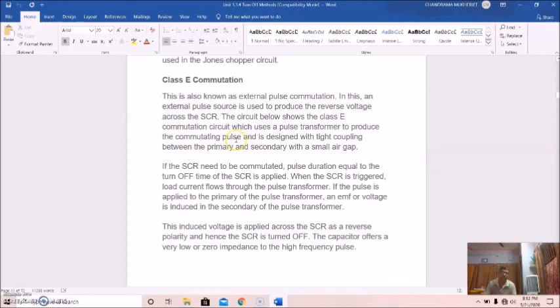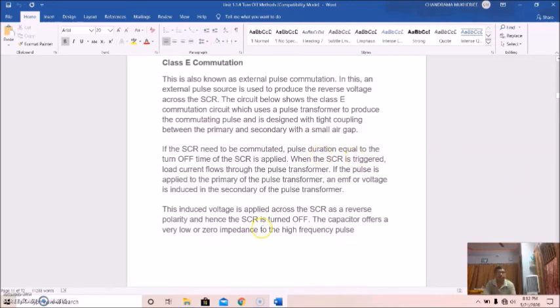The external commutating pulse is being generated, and the pulse transformer is designed with tight coupling between its primary and secondary.